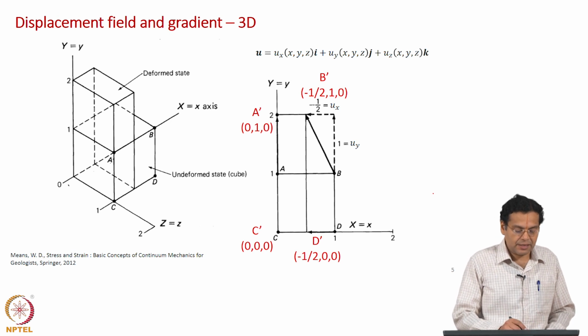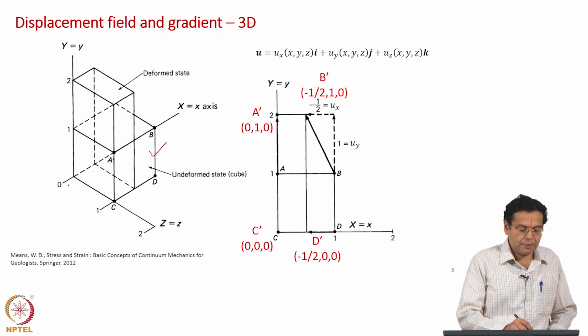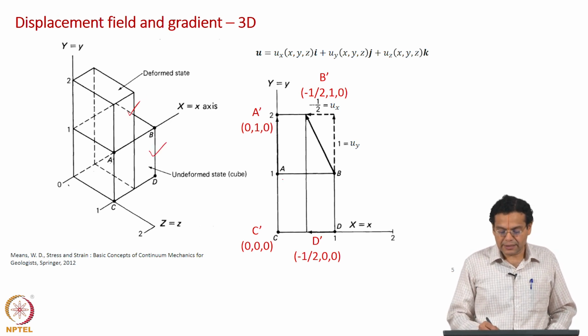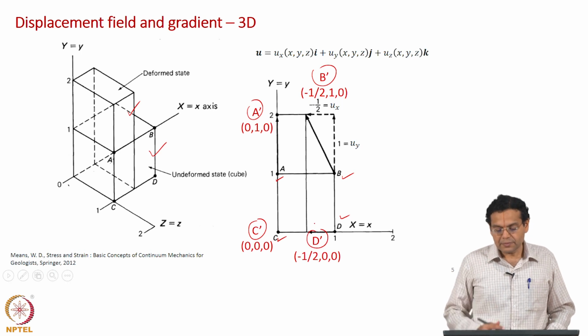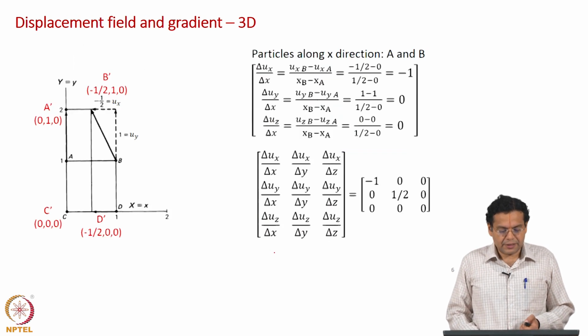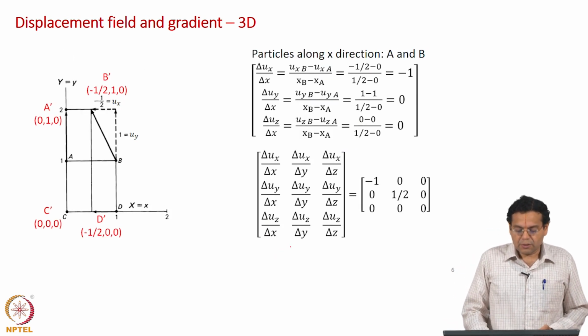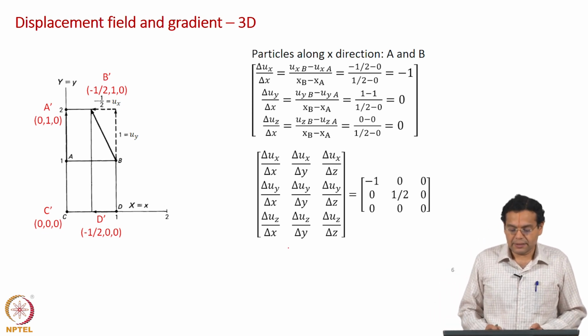We had a cube, it became a cuboid, and then we noted the initial configuration, the positions at the initial state, and then the final positions in terms of A dash, B dash, C dash. We also noted the displacements in all the directions for these points, and then we wrote the displacement gradient tensor.